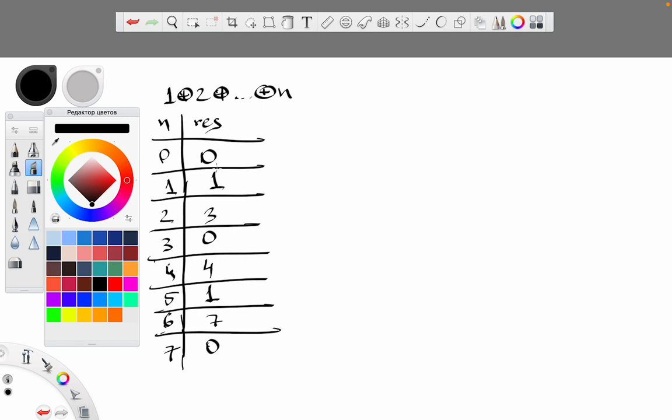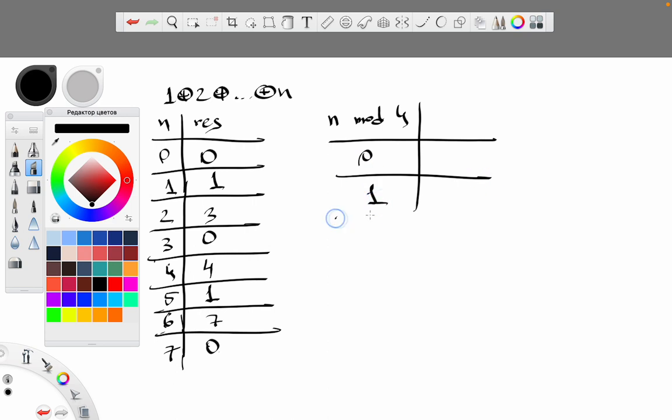So we will have zeros when n modulo 4 is 3. So let's look at n modulo 4. It can be 0, 1, 2 and 3. If it's 3, then the result is 0.